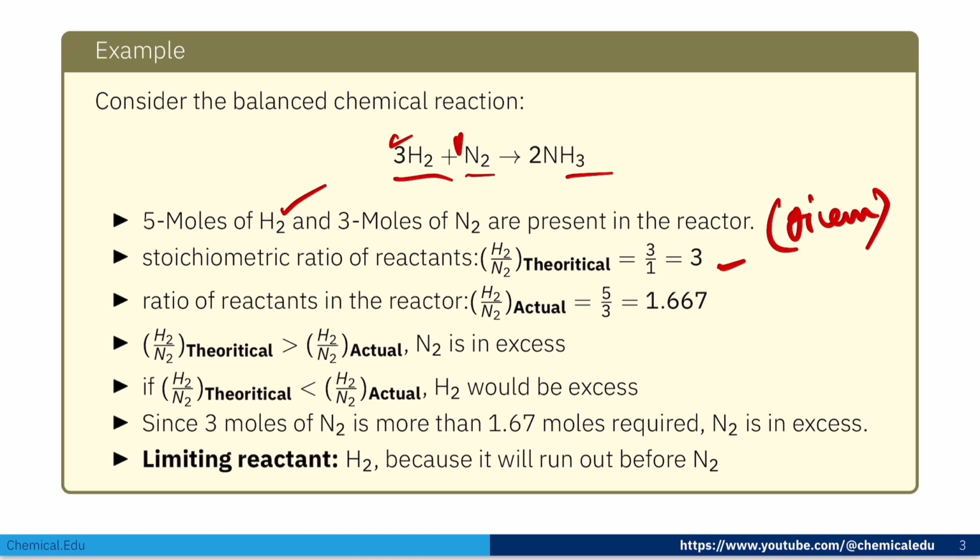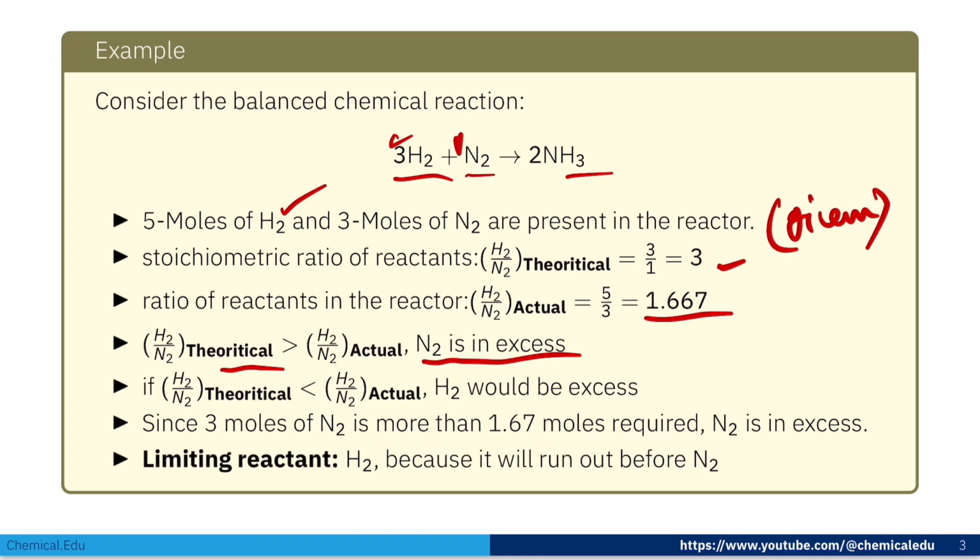So, here you can see H2 by N2 theoretical is greater than H2 by N2 actual, which means N2 is in excess. If it were opposite, we could say H2 is in excess. Or we can calculate the other way: 3 moles of N2 are present, but the actual requirement is 1.667. So obviously N2 is in excess.